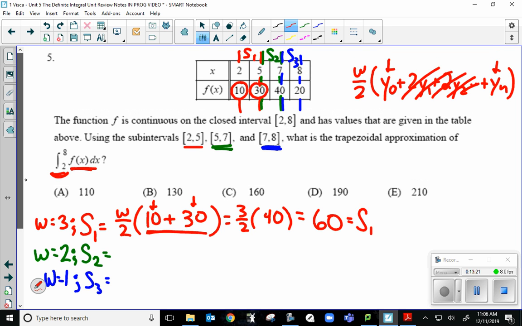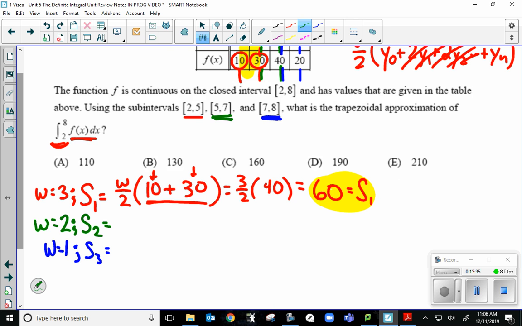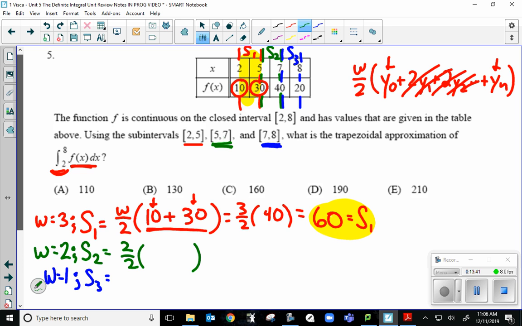Because all I did was find the subinterval. This number right here is just the area for this. I want it all. I still got to do the other 2 subareas. So, green, my width is 2. I put that over 2 times. Again, I only have 2 y values, 30 and 40.